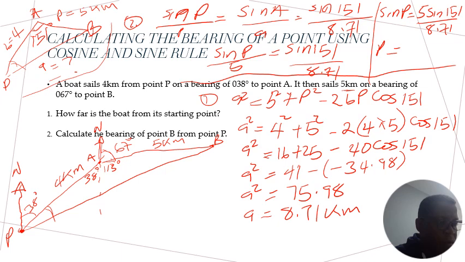That will give you 0.4848. If you multiply that by 5, it will give you 2.4 something. If you divide that by 8.71, it will give you sine p.